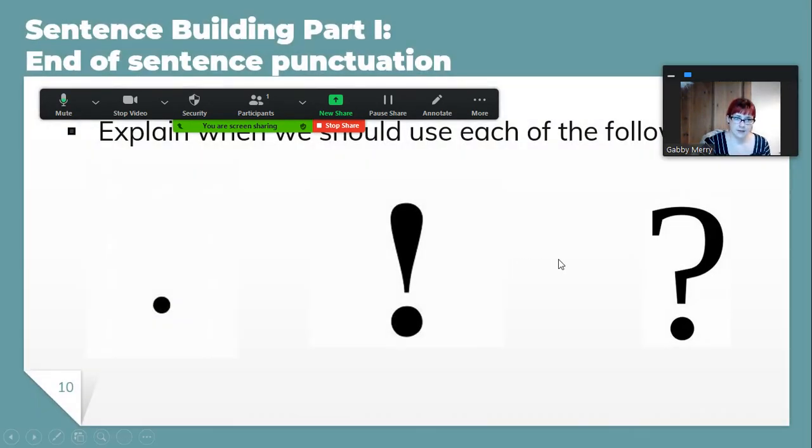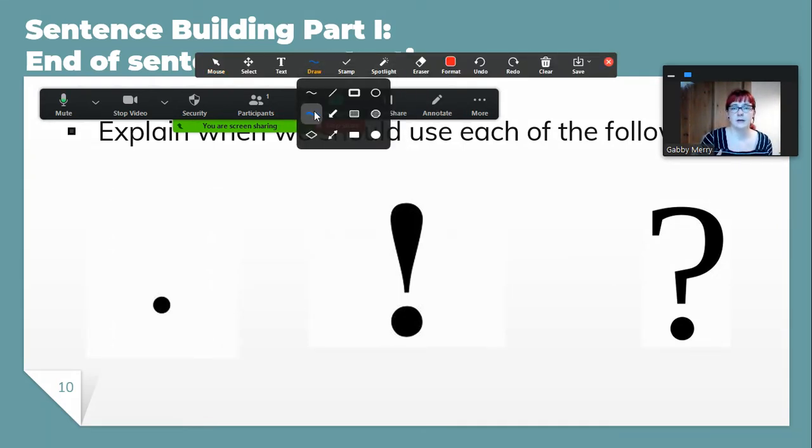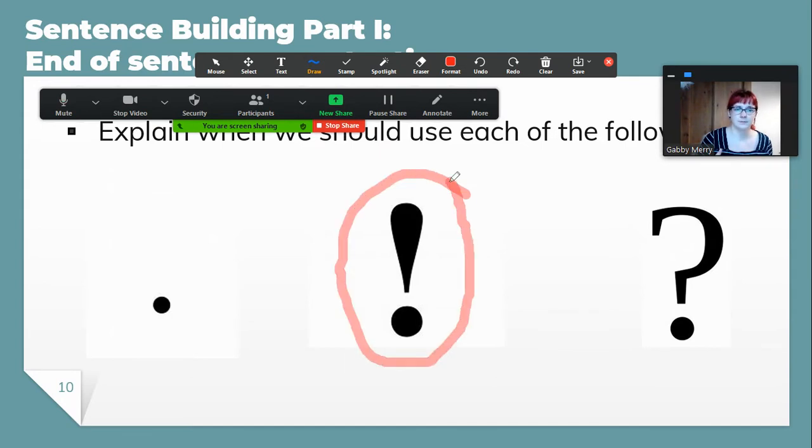Let's also just briefly think about end of sentence punctuation, and then there's a couple of things that we're going to have a go at. So we thought about the capitals. When we get to the other end of the sentence, there's 3 pieces of punctuation that we can use to finish a sentence. If we're showing surprise or shock or strong emotion, we would use the exclamation mark.